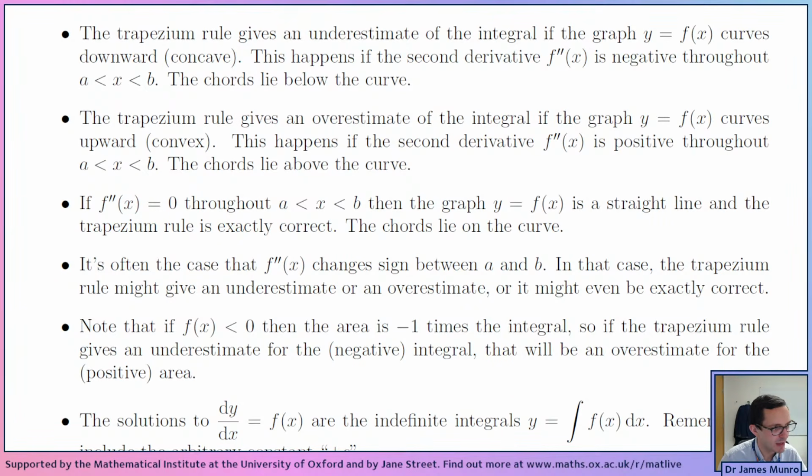So these rules work even if the function is negative, in which case the integral is not telling you an area, it is telling you negative an area. So be really careful with overestimate and underestimate.